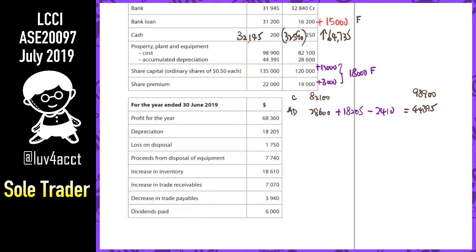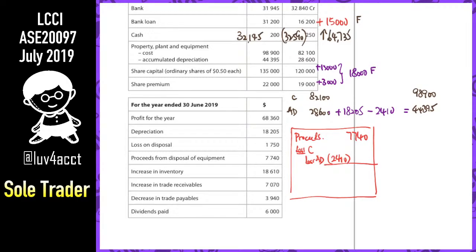So loss on disposal, and then proceeds from the disposal of equipment. Then you can calculate this working. I always use this for the disposal. Proceeds is equal to 7740, minus the cost, minus the accumulated depreciation. So cost we don't know, but accumulated depreciation is 2410, and then we have the disposal loss 1750 negative.